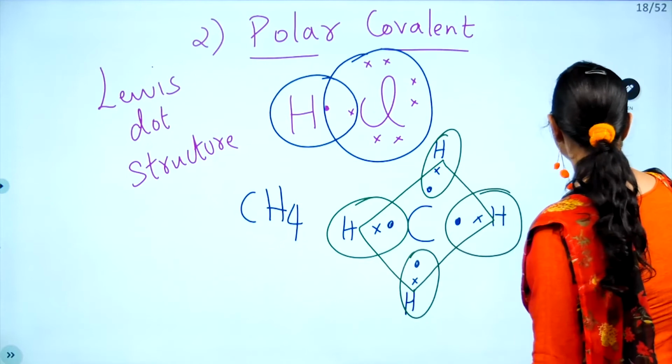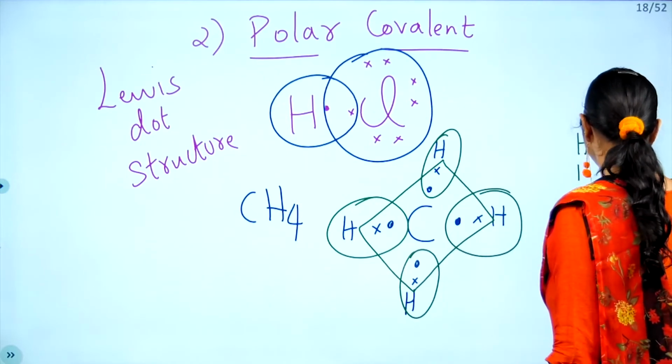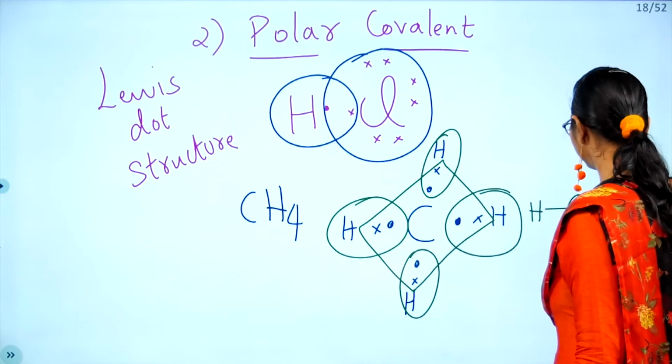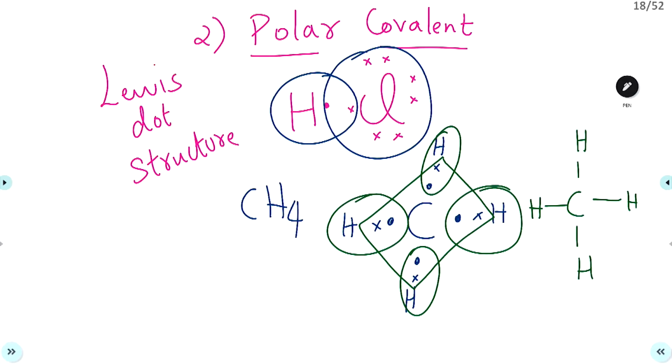So methane consists of 4 single bonds, okay, like this. Understand how to do? Yes. So this is nothing but polar covalent, okay, polar covalent. So carbon has valence electrons to be 4, so I kept 4 dots, and hydrogen each 1, and now we saw that each hydrogen is sharing 2, it is reaching duplet, whereas for carbon it is reaching octet.